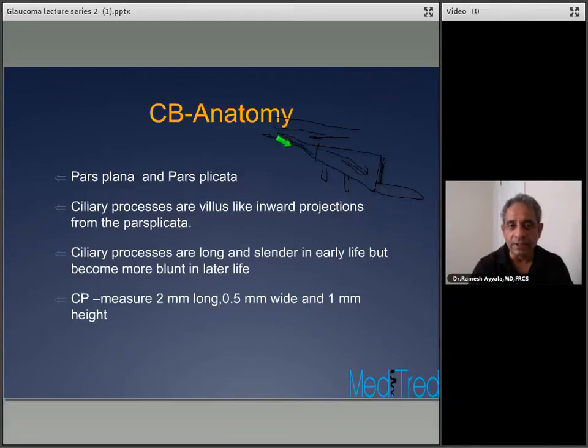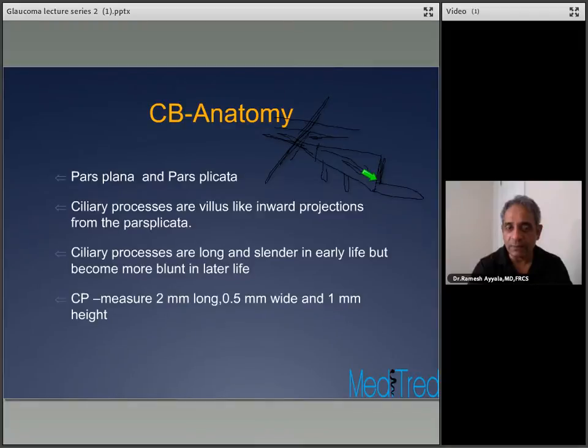The retina surgeons always pass their MVR blade approximately 3 millimeters posterior to the limbus, because you don't want to make the entry through the vascular-rich pars plicata, which will result in vitreous hemorrhage. So the entry point is through the pars plana, which is relatively avascular compared to the pars plicata, and that's the posterior portion of the ciliary body. Whereas the anterior portion is the pars plicata, and that's also the source of the ciliary processes. And this is the anterior face of the ciliary body.